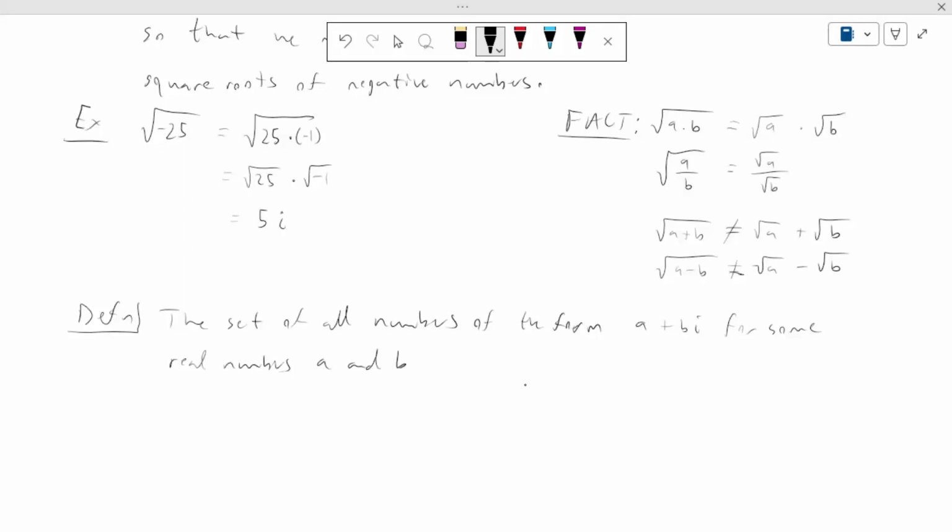So a and b are both real numbers. And a plus b times i is the form of the numbers that we're actually looking at. So the set of all such numbers is called the set of complex numbers. Complex numbers.